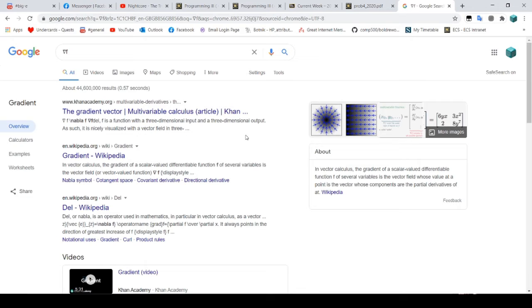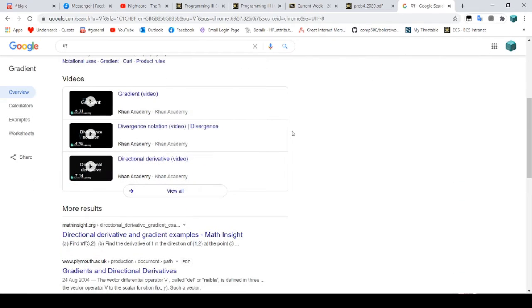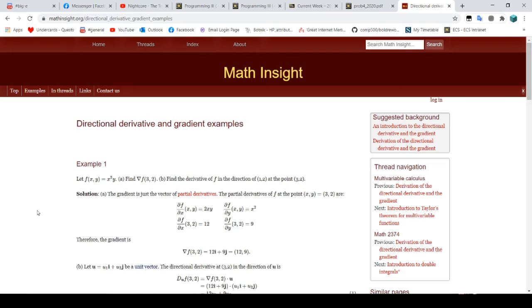Ooh. The gradient vector. Let's have a look, eh? F y equal that. Fine. Okay.